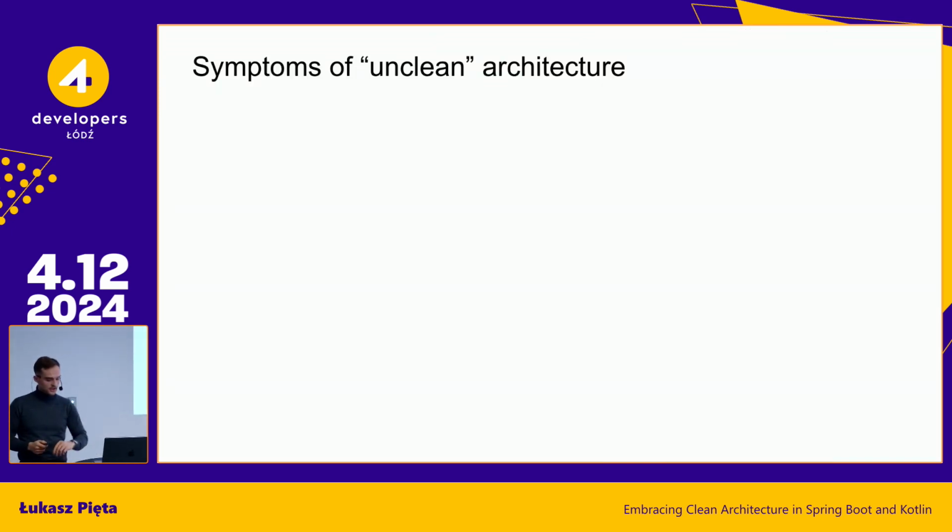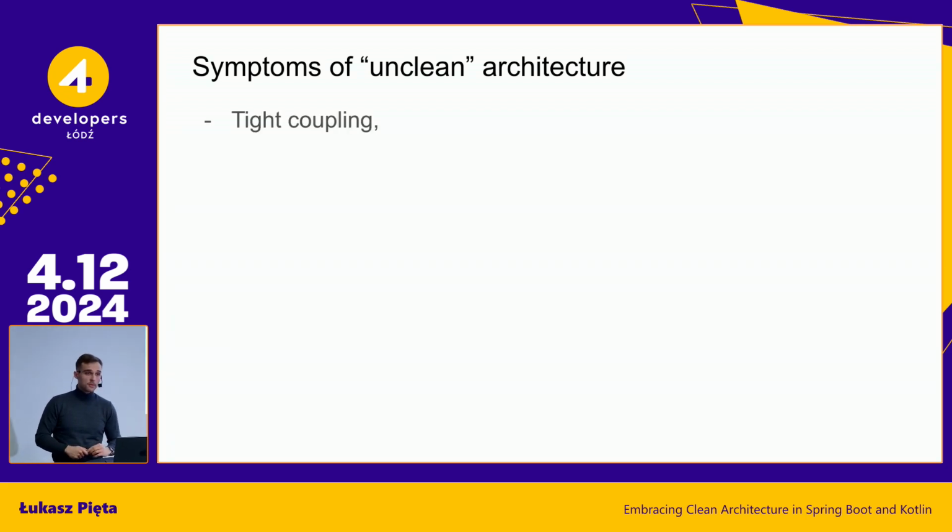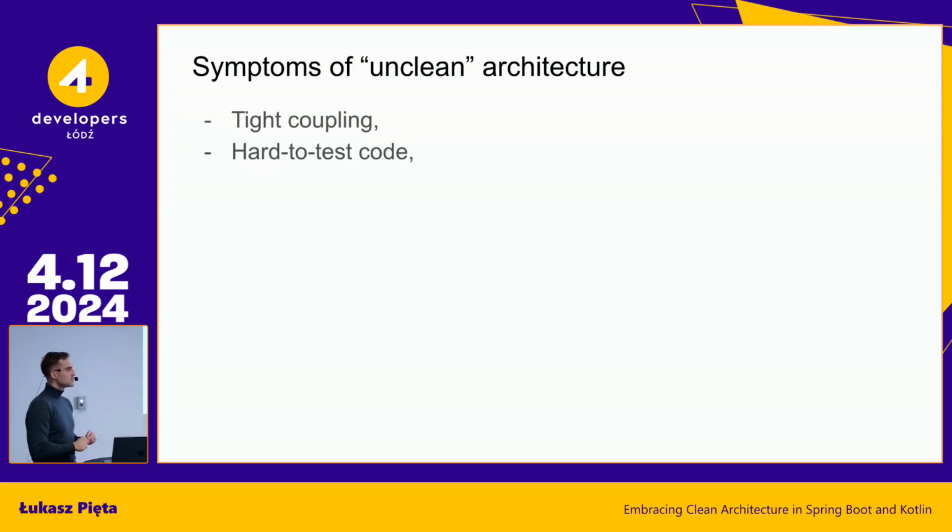And at the end, because we are heading to the end, I wanted to show you some symptoms of unclean architecture. First of all, tight coupling: when you see spaghetti code, where things are connected with each other at many levels, at the same level, that's a sign that something is not well designed. When the code is hard to test, because the idea of clean architecture is that all these use cases and the domain are easily testable using unit tests.